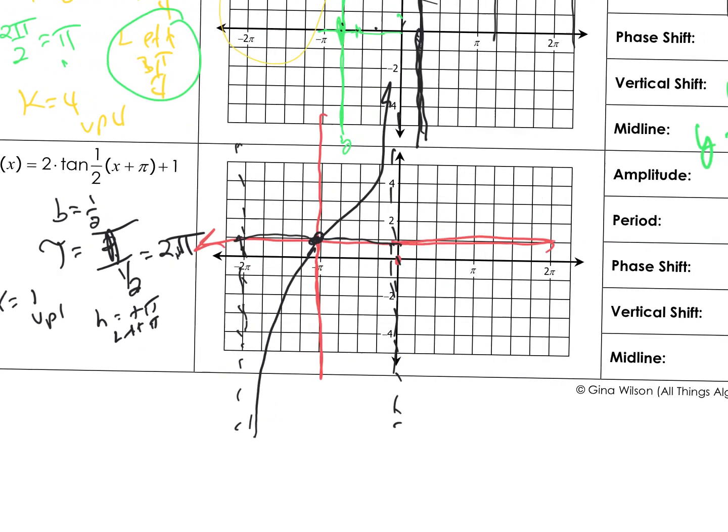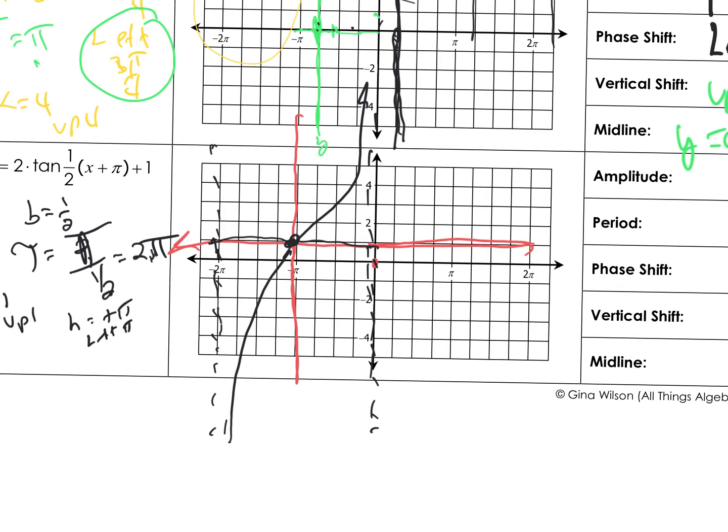And I'm going to do one more. From that asymptote, I need to go 2 pi, 1, 2, right here. Here it is. There's my other asymptote. The middle would be at pi, right here. So I go, boom, there it is. I only have 2 pictures there.